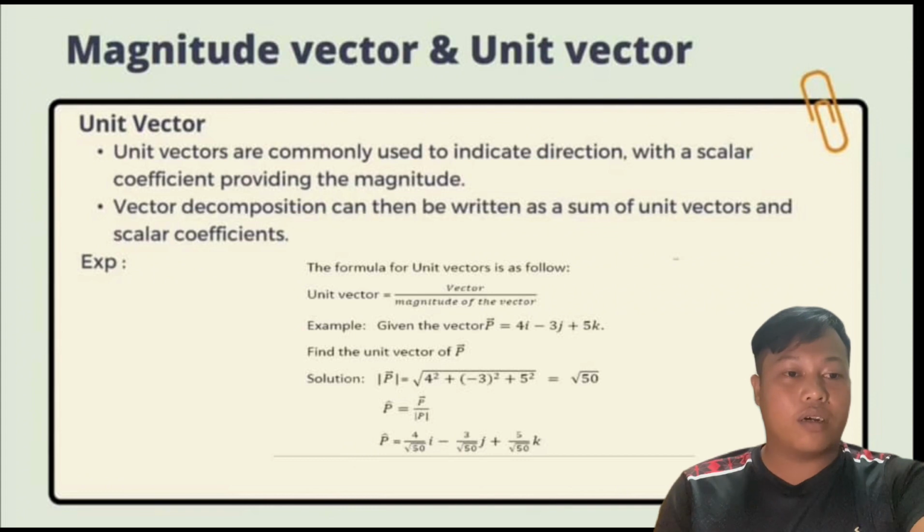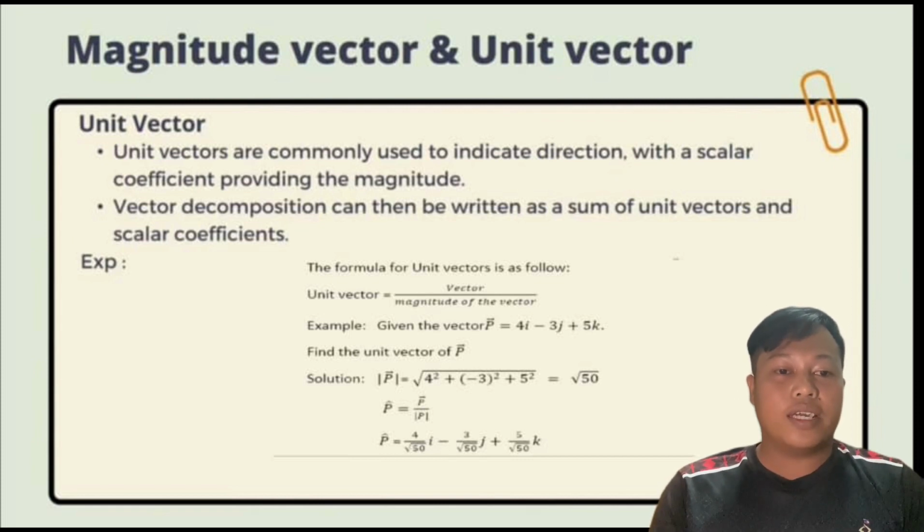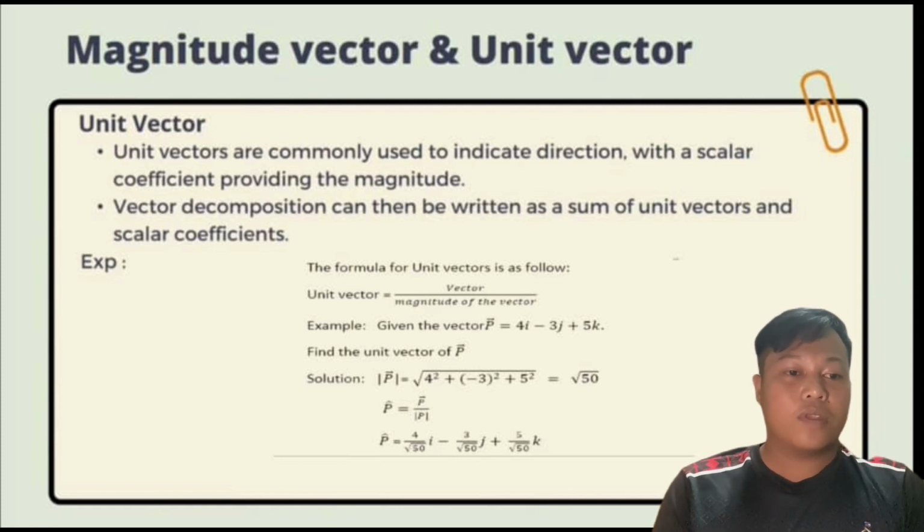Here we have magnitude vector and unit vector. Unit vectors are commonly used to indicate direction with a scalar coefficient providing the magnitude.